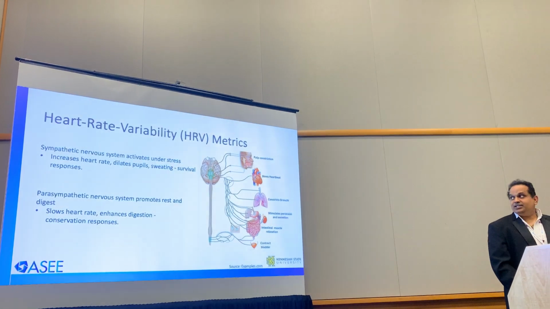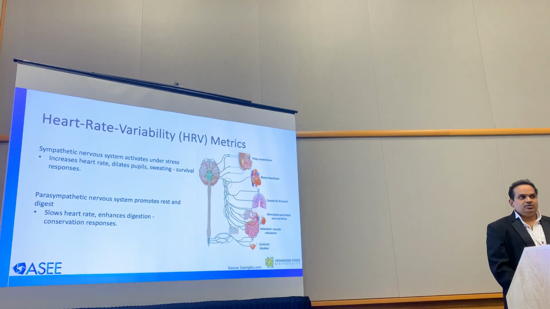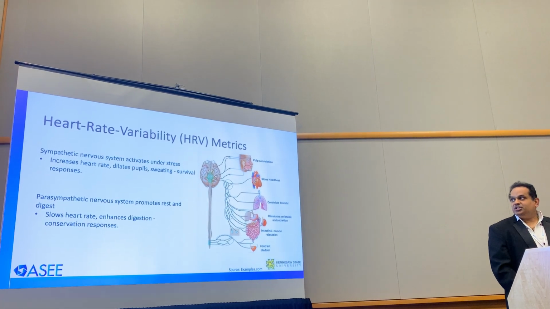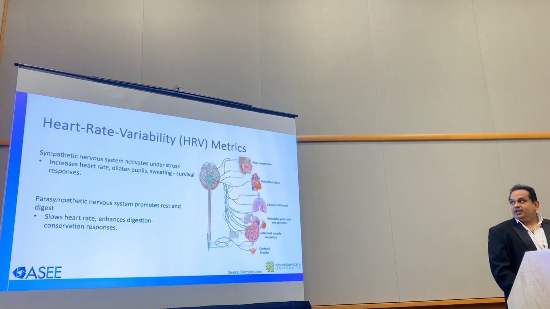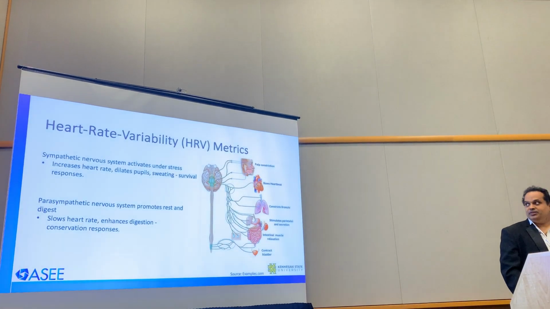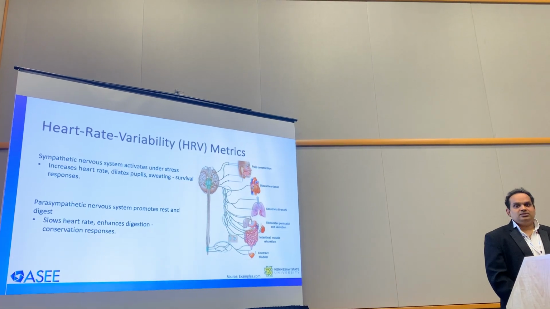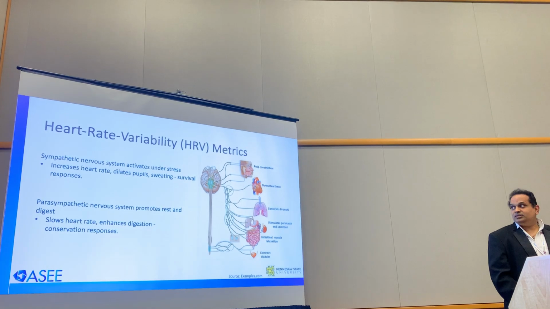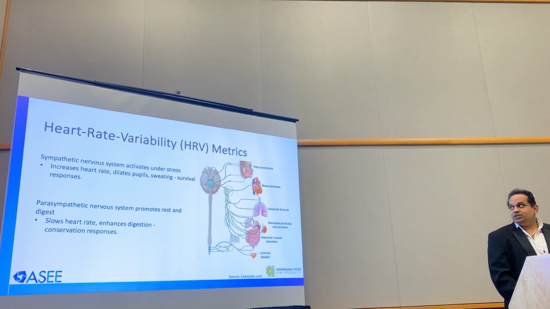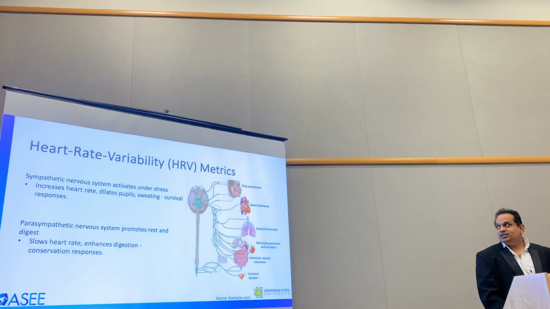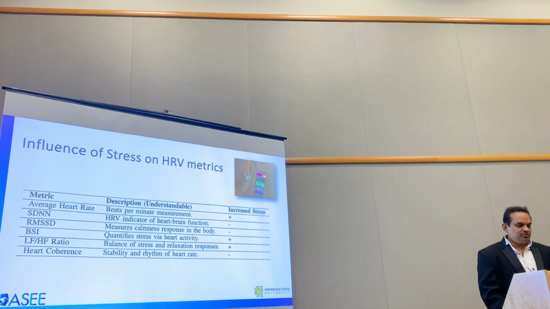And we calculate the HRV metrics. And what does HRV metrics give us? It gives an indication of stress levels. Right? So our parasympathetic nervous system gets activated when we are in rest and digestion mode, and sympathetic nervous system gets activated when we are under stress, and the heart rate goes up, the pupils dilate, we start sweating, and it all shows survival mode.